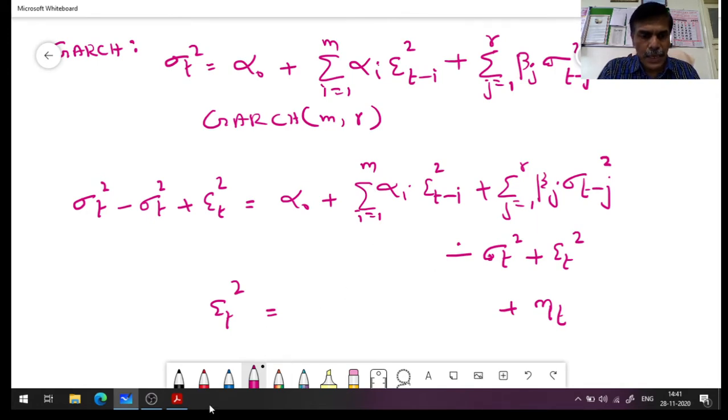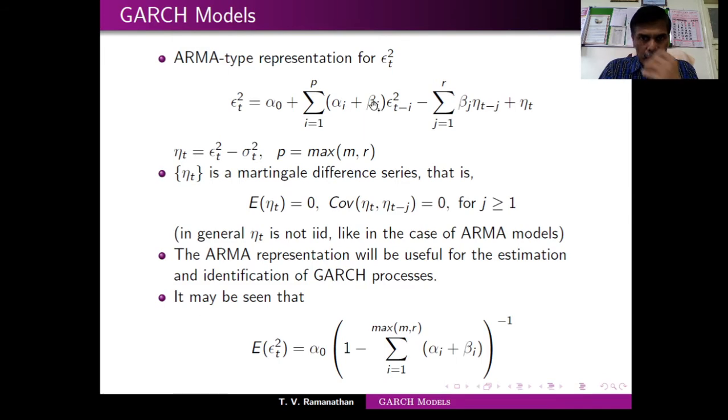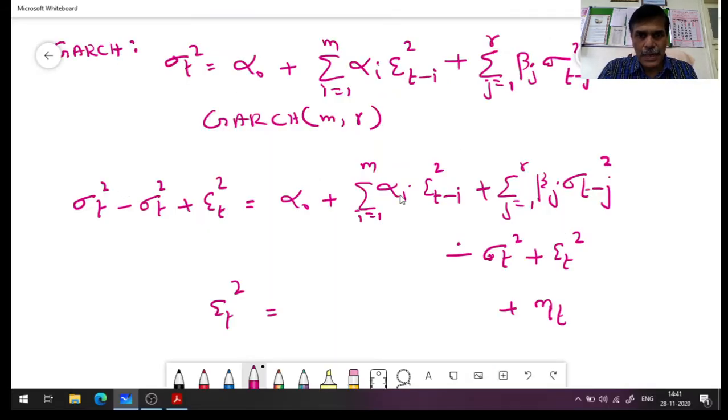This coefficient remains the same. I can write sigma t square in terms of... see, the substitution here is epsilon t square minus sigma t square equal to eta t.